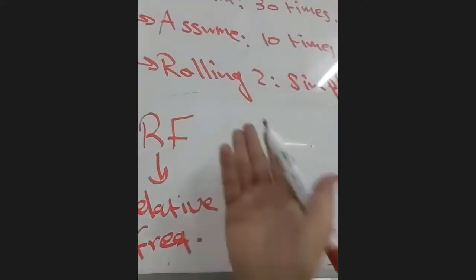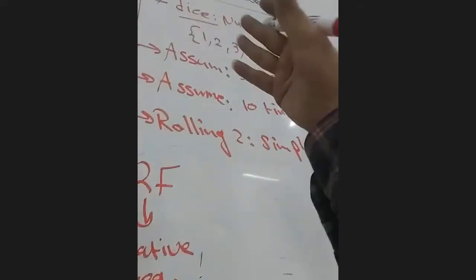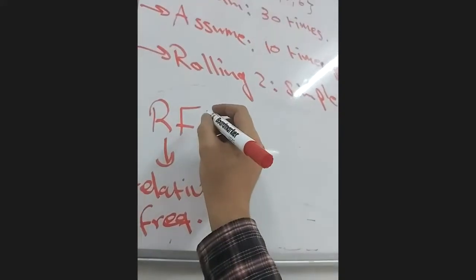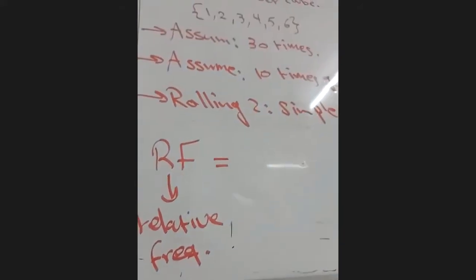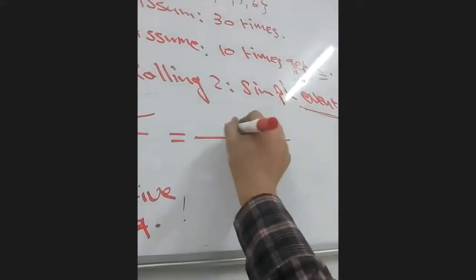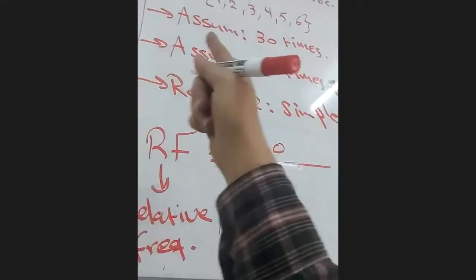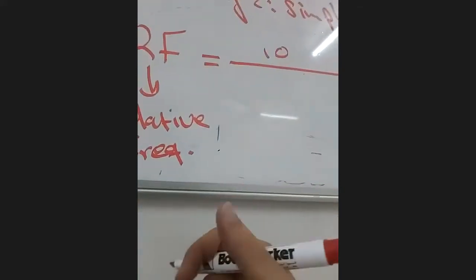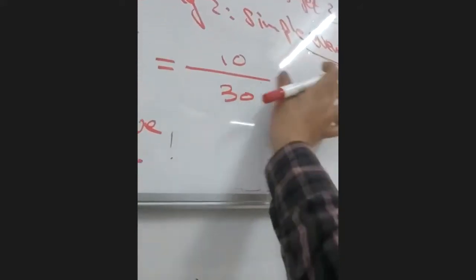What's the event? Rolling 2. I don't want the number 6, I want only 2. The relative frequency equals 10 over the total number of trials. Trials means how many times you make the experiment, you play the game. How many times? 30 times.